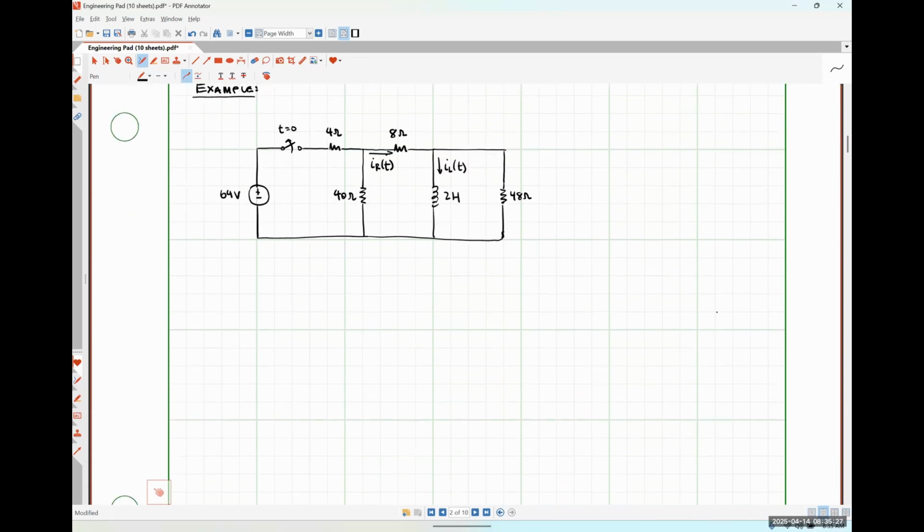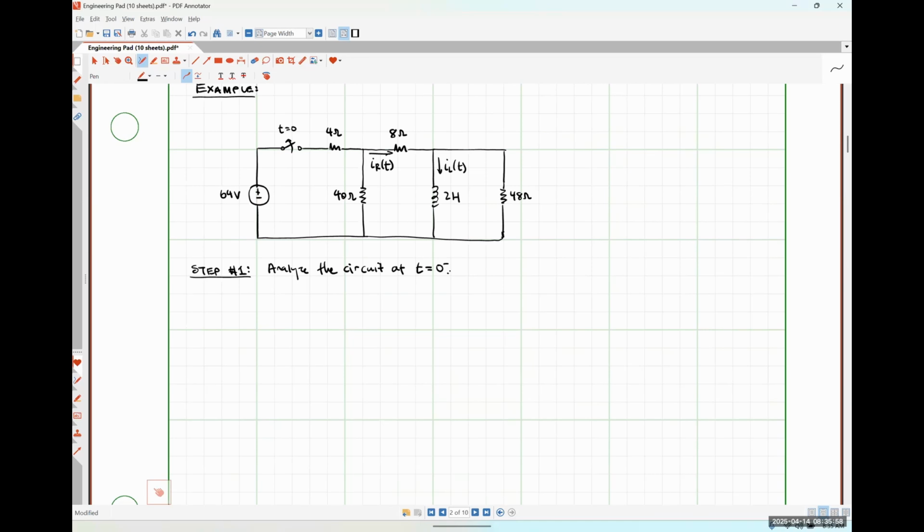So my first step in analyzing a circuit like this is always going to be to analyze our circuit at time t is equal to 0 minus. So this is the split second in time before our switch changes state.